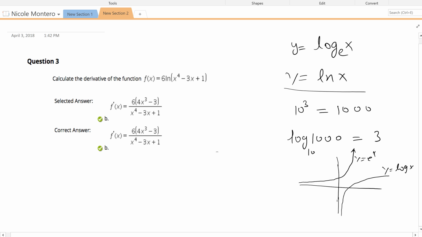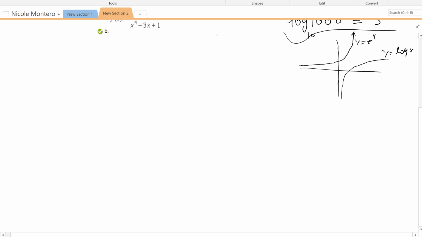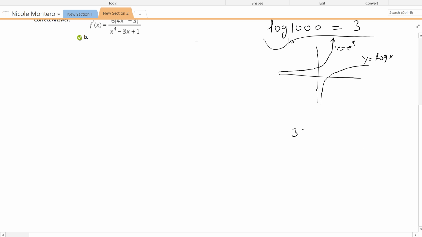So log of 1,000 under base 10 is going to be 3. In the same manner, 36 can be written as 6 squared. So therefore log of 36 under base 6 is going to be 2.